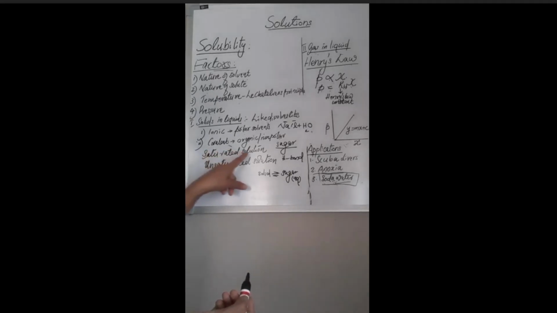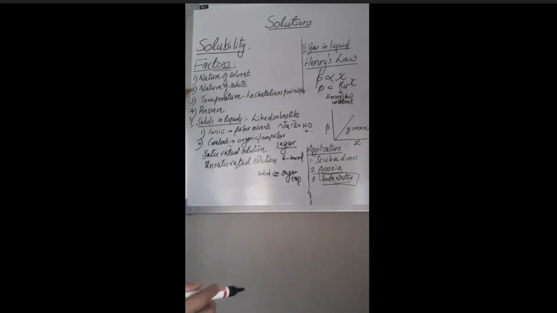And a saturated solution is one which cannot dissolve any more of the solute at a given temperature. This means that it contains the maximum amount of the solute it can contain at the given temperature, while an unsaturated solution is one which can dissolve more of the solute.